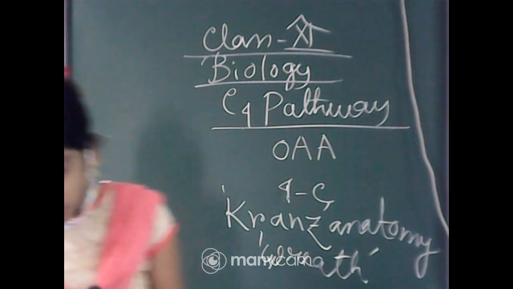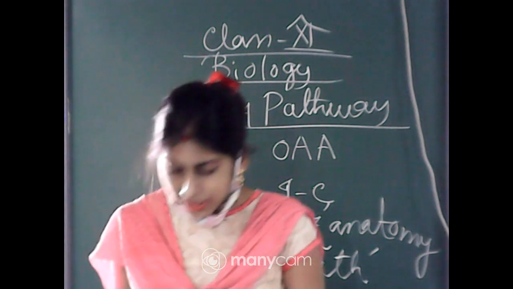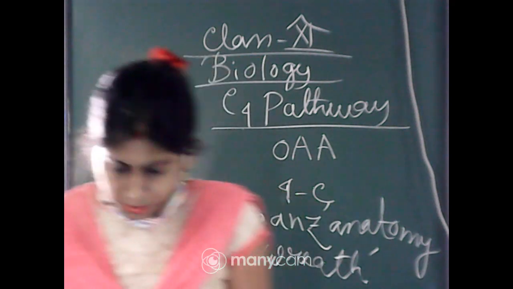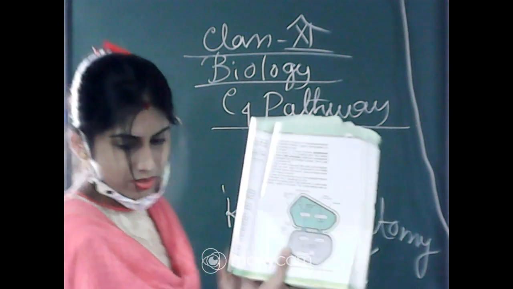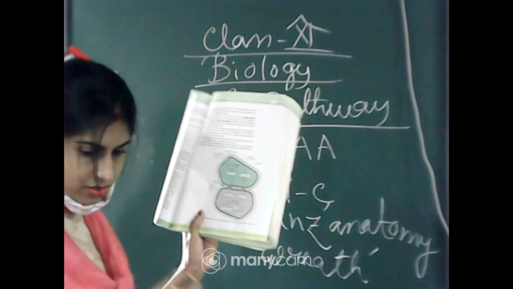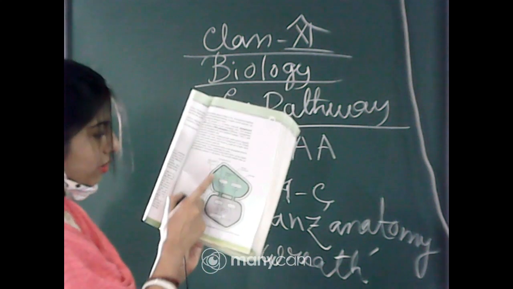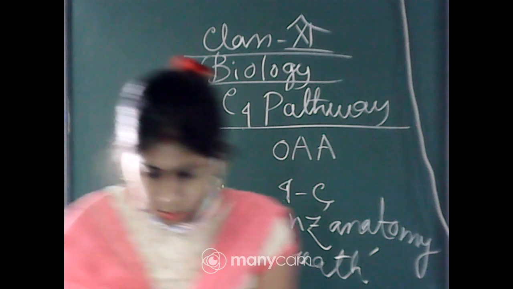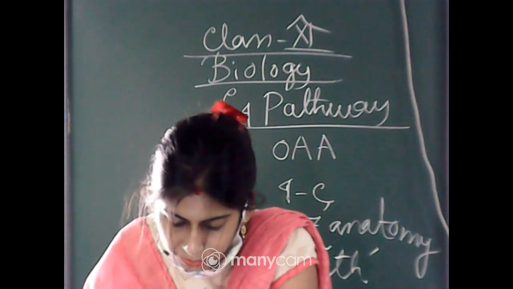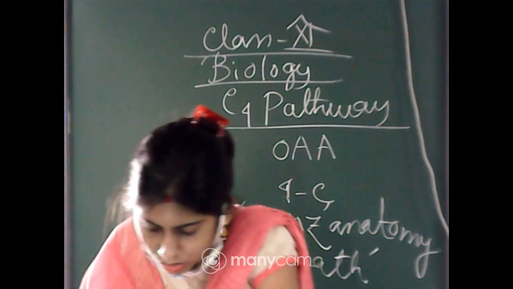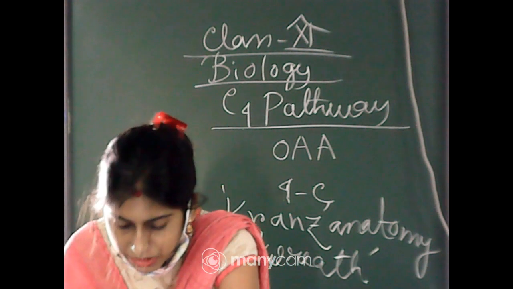Okay, now let me show you the book. I hope you can see the book properly. It will be better if you open your own book. So first one is the mesophyll cell.